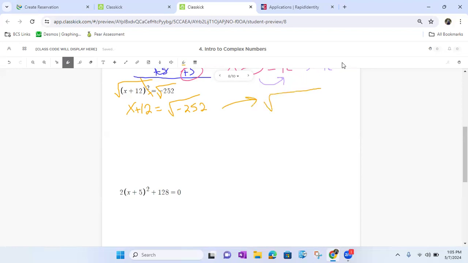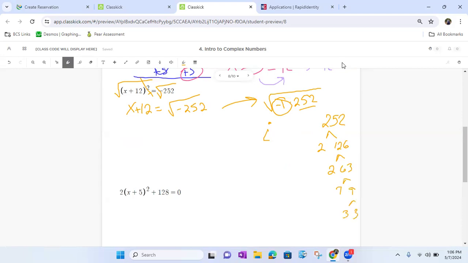So very similar to what we did before, I'm going to rewrite it. -252, that's -1 times 252. I know that if I take the square root of -1, that's going to give me an i. So what we need to do now is find out what the square root of 252 is. So I'm going to break down 252. 252 would be 2 times 126. 126 would be 2 times 63. 63 would be 7 times 9, and 9 would be 3 times 3.